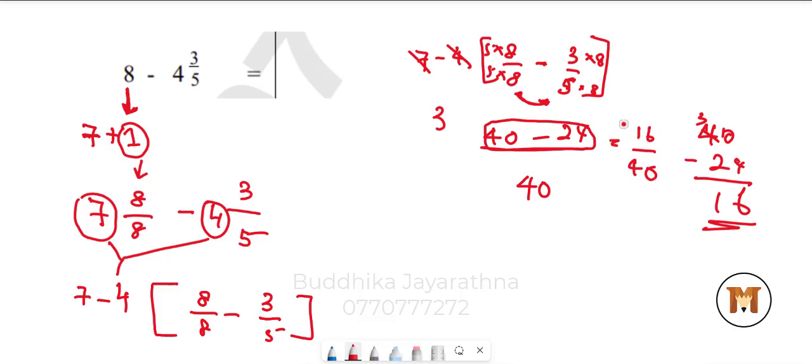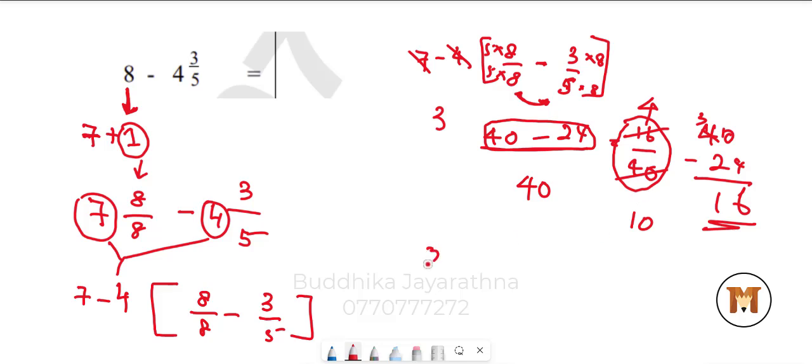So now check whether you can simplify. Yes, you can simplify, right? It is divisible by 2, and it is divisible by other numbers as well. It divides by 4, right? So you can divide by 2 and then again divide by 2, or otherwise you can divide by 4 as well. If you divide by 4, you get 10 in the denominator, and 4 in the numerator.